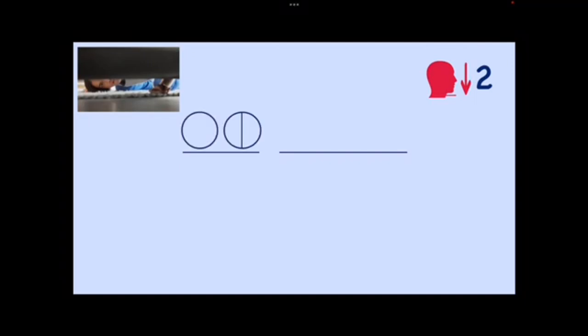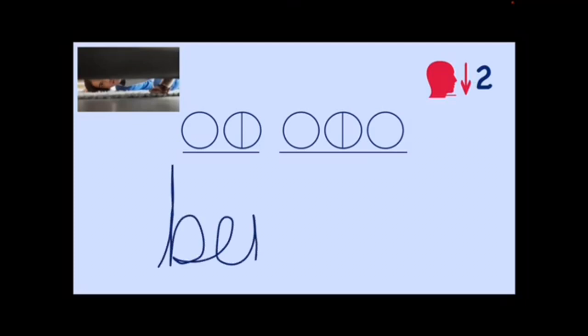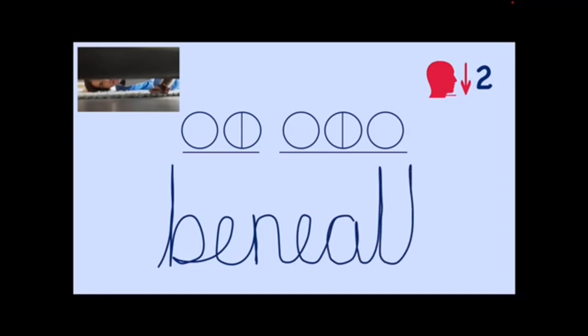B, E at the end of the syllable. N, E, with my teeth on my tongue. So let's write it. Beneath. And the E in the middle of the syllable was written EA. Beneath.